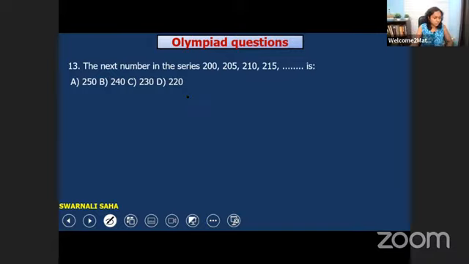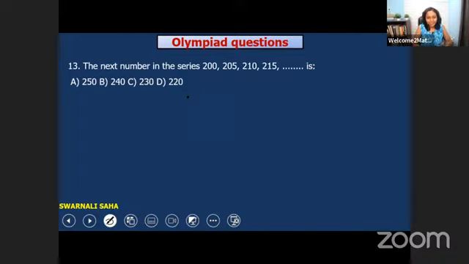Can you solve this? This question is so easy. What you have to do? It is a skip counting question.